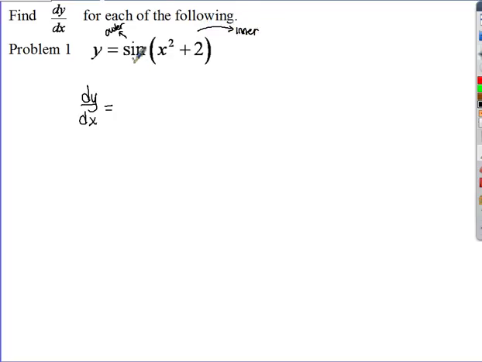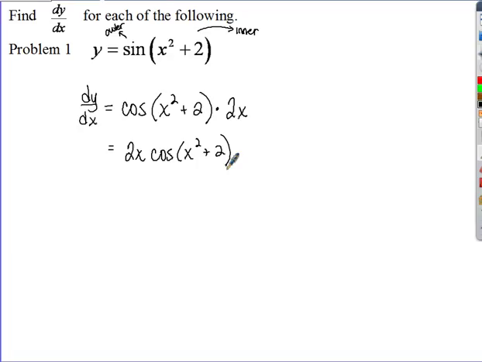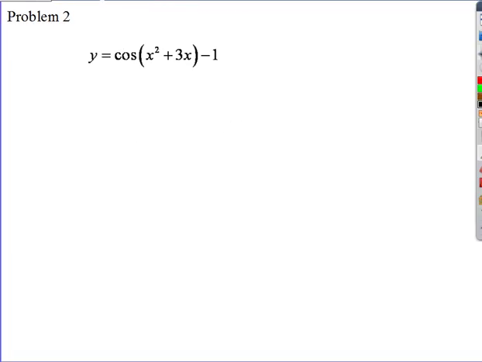So the derivative of the outside, cosine, leave the inside alone, times the derivative of the inside, which would be 2x. So this would be 2x cosine of x squared plus 2. Find the inside, find the outside, derivative of the outside, leave the inside alone, times the derivative of the inside.